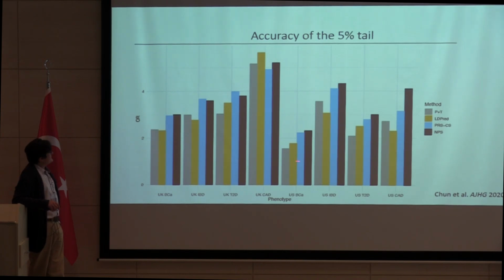So bottom line is, at the 5th percentile, depending on the disease, breast cancer, inflammatory bowel disease, type 2 diabetes, coronary artery disease, you get a 3 to 4-fold increase in risk. It's a relative risk. I'm not a clinician, it's hard for me to say whether a breast cancer risk increase of 3-fold is sufficient to send the woman to a mammogram or not, but there are, of course, strategies and people are considering this quite seriously.